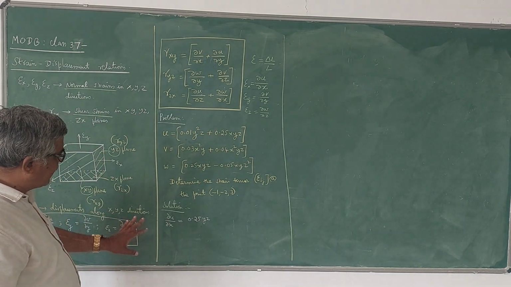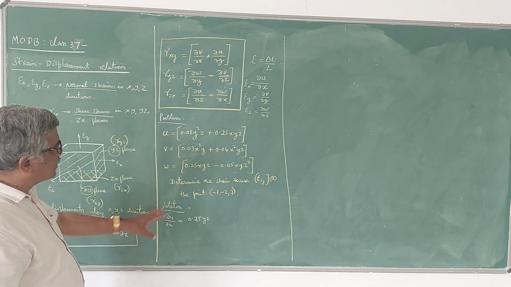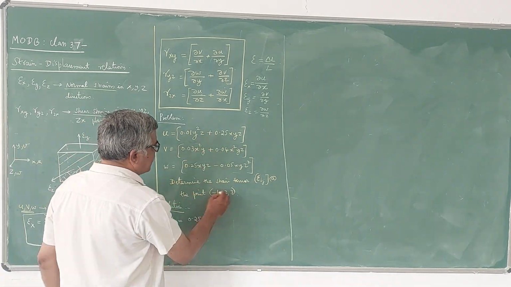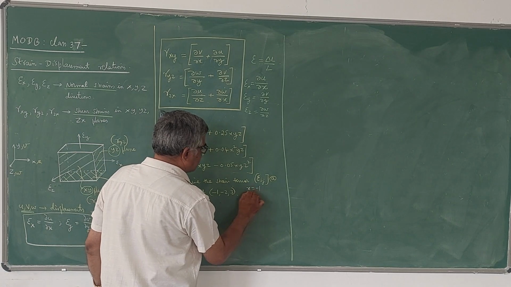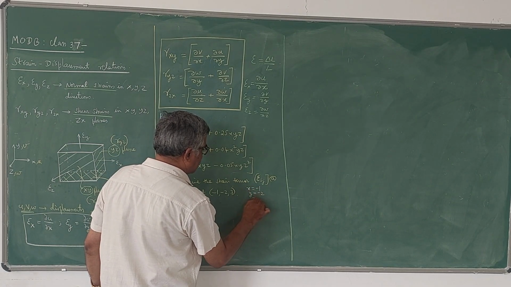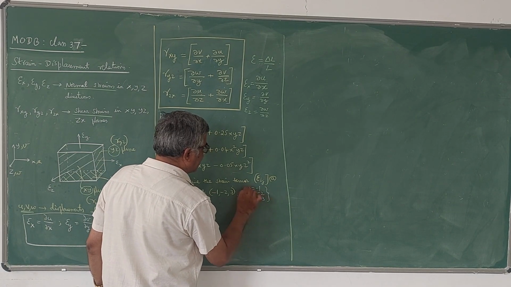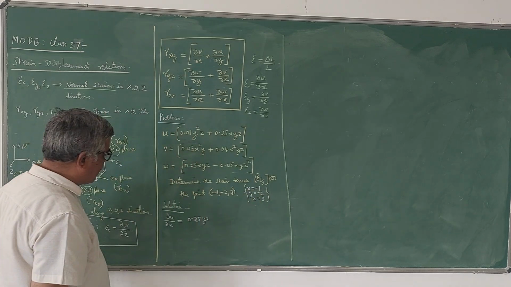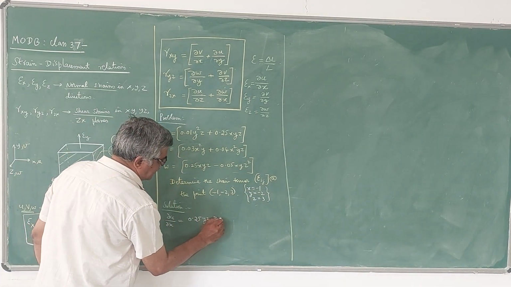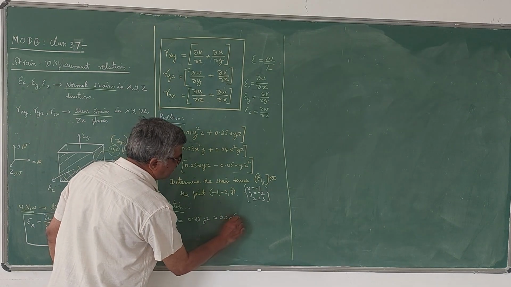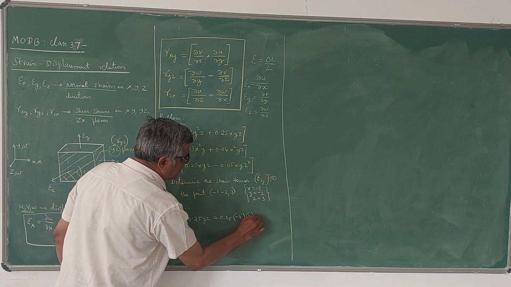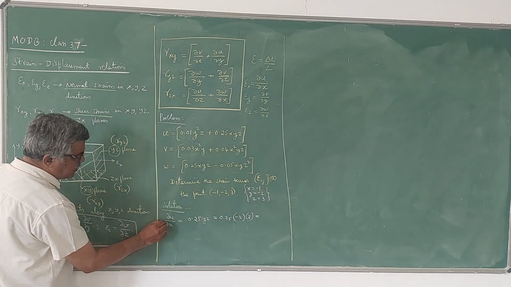Now we need this value at the point x is equal to -1, y is equal to -2, z is equal to 3. Let me substitute that: 0.25 into -2 into 3. Later on we will simplify. So this is about ∂u by ∂x.